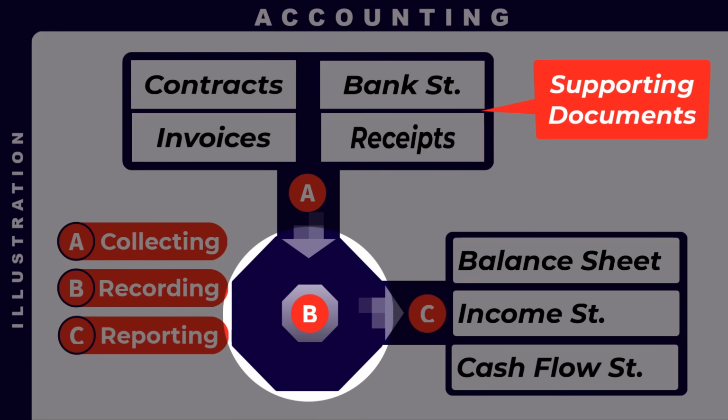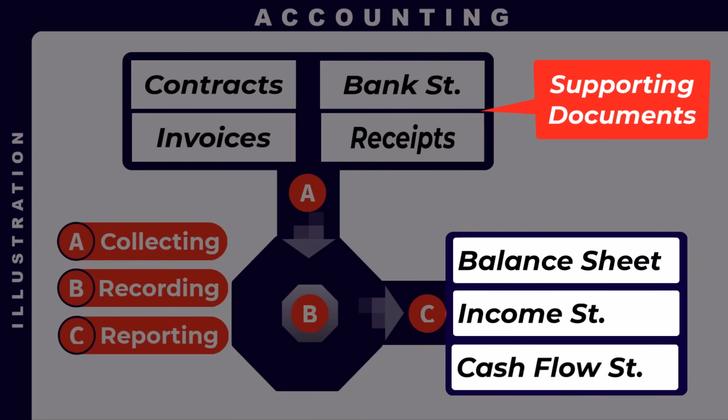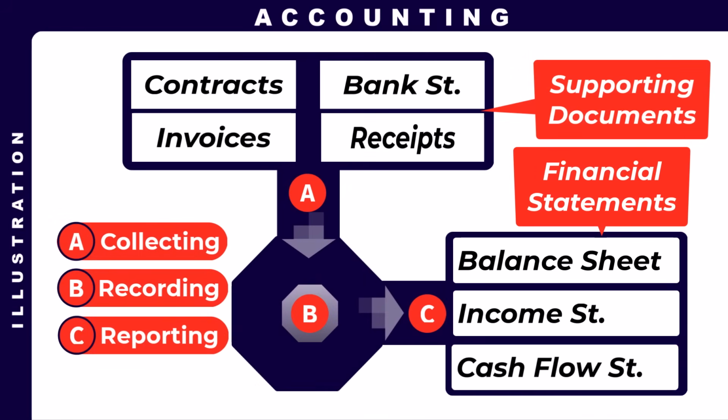The primary outputs are the ones shown here: balance sheet, income statement, and cash flow statement. These outputs are called reports, or more commonly they are called financial statements. So this is a general but concise representation of accounting that can help you visualize accounting at a glance. Now we're moving to the detailed sections.